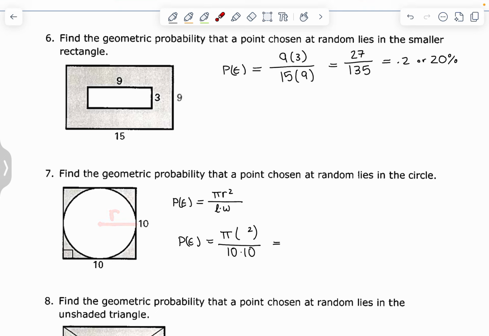What is r? If the diameter is 10, then what is the radius? Hopefully you wrote down 5. So you have 25 pi over 100, which is 1/4 pi, or 0.785 or 78.5%.